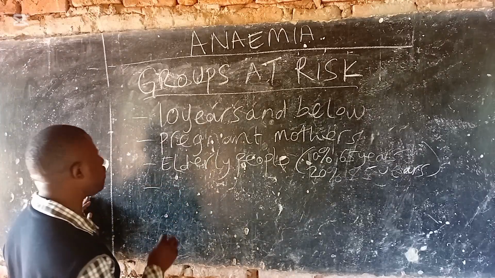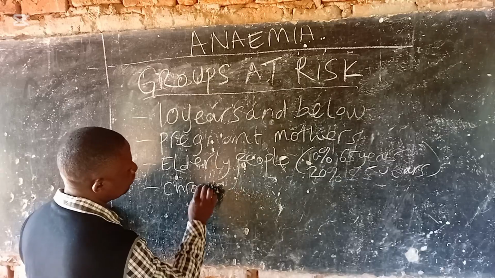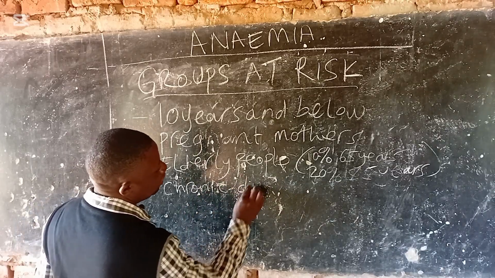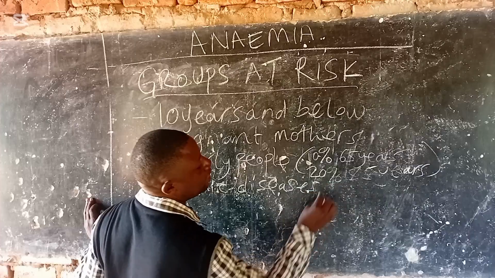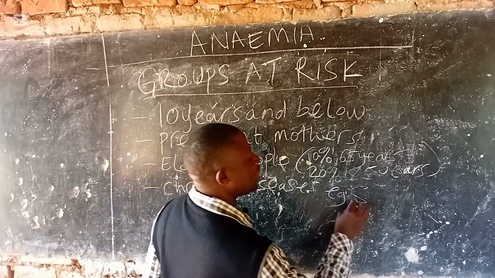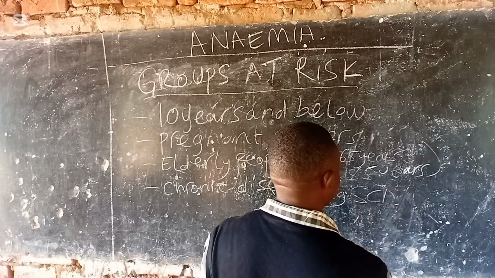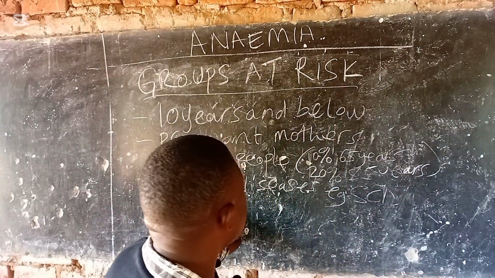Then we also have those people with chronic diseases, like the ones with sickle cell disease, they are at risk of getting anemia.